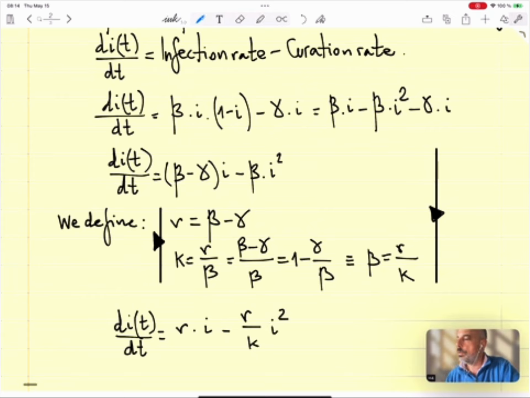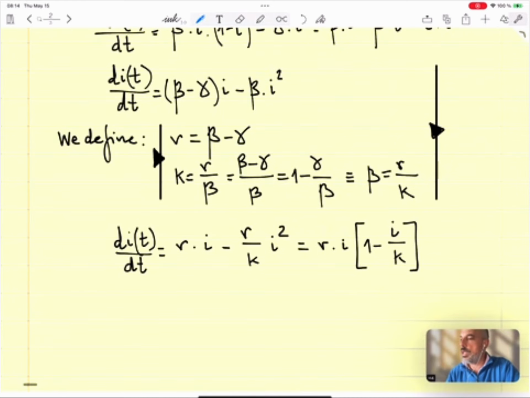Okay, so we can say that R times I multiplies 1 minus I divided by K. And this is what we call the logistic equation.